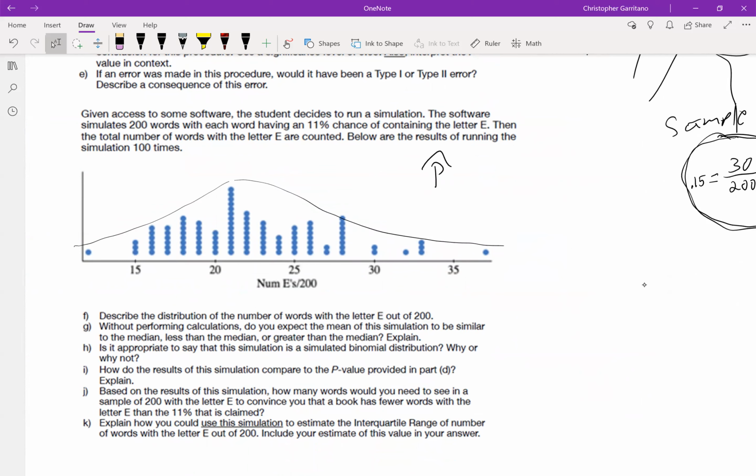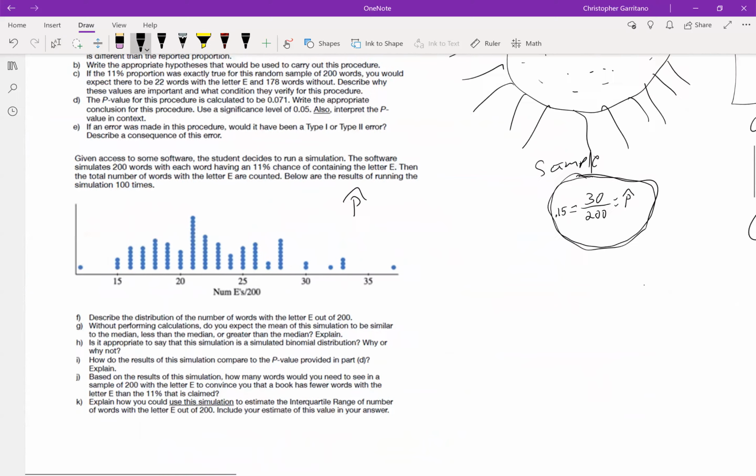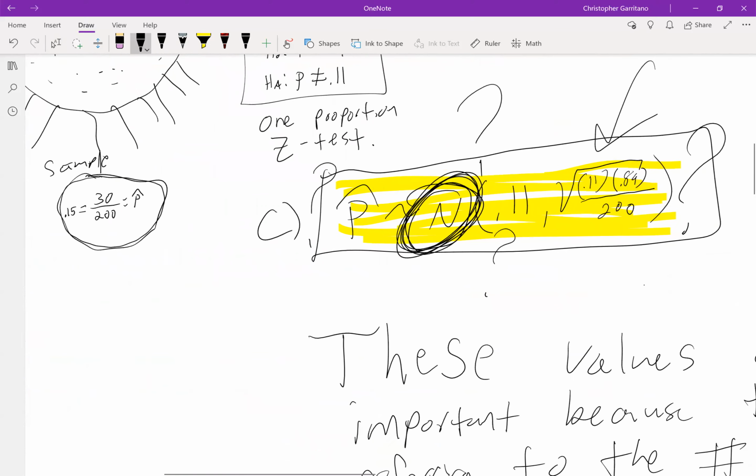Part I, this is the one that gave students a lot of trouble. And I want to say that they mentioned Part D for a reason. Let's go back and see how we calculated the p-value.